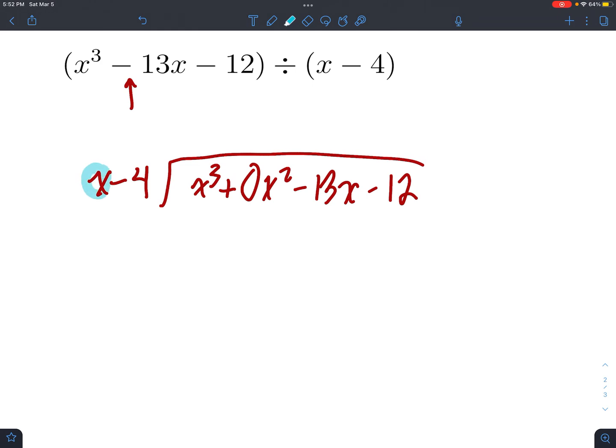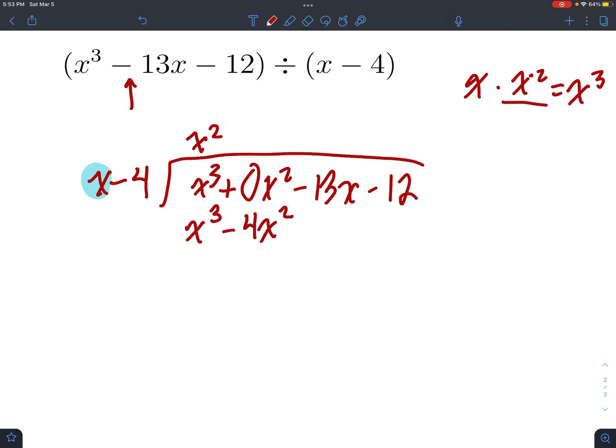How many times, and we're just looking at the leading, how many times does x go into x cubed? The answer to that is x squared. Multiply, which you're really distributing. You see, multiply, multiply. Subtract. Bring down.